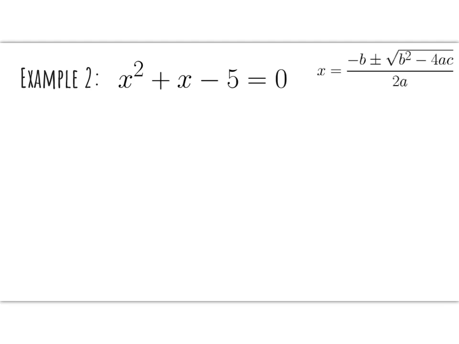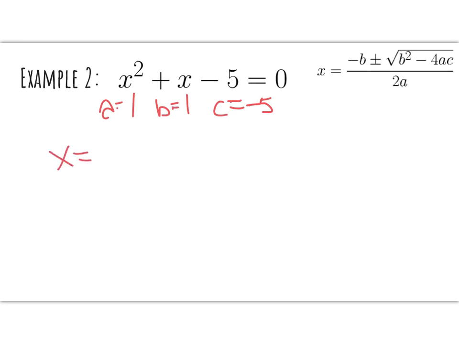The good news is we already have everything in position. We don't have to move a constant over to the other side like we were doing before. We'll just dive right in with the statement that a is 1, and b is 1, and c is negative 5, and my stylus isn't working very well. There we go. So we'll set up, drop things in.